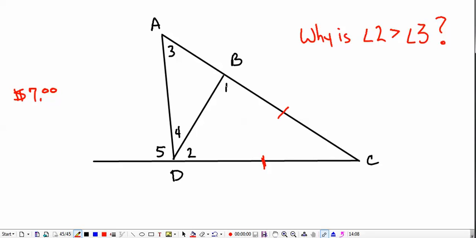Well, 1 is an exterior angle of triangle ABD, but it's a base angle for triangle BCD. Because you've got 3 triangles up there. Angle 5 is greater than angle 3, isn't it? Why? Because 5 is an exterior angle and 3 is its remote interior. What other angle is 5 greater than? 4. How do you know?